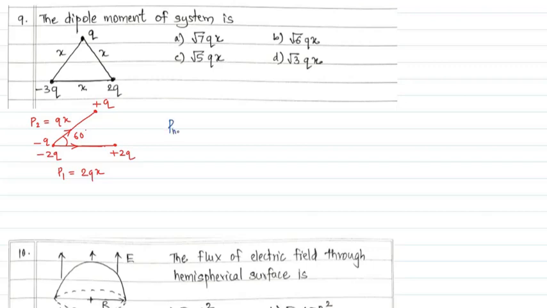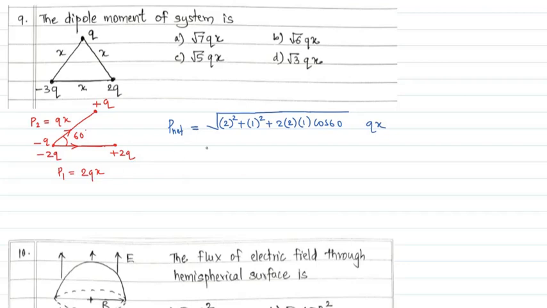P net is equal to root of P square plus Q square plus 2PQ cos theta. So I will take 2 square plus 1 square plus 2PQ into cos 60, and write Q into X outside the root.